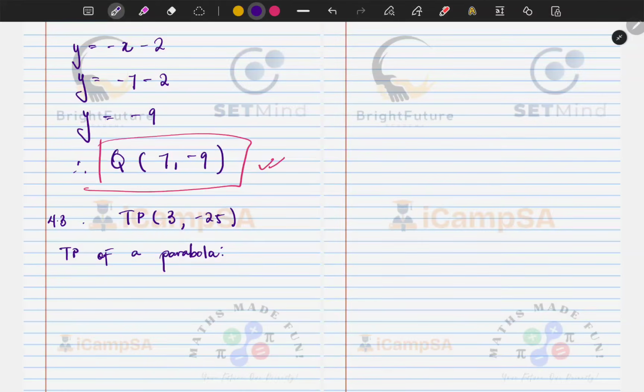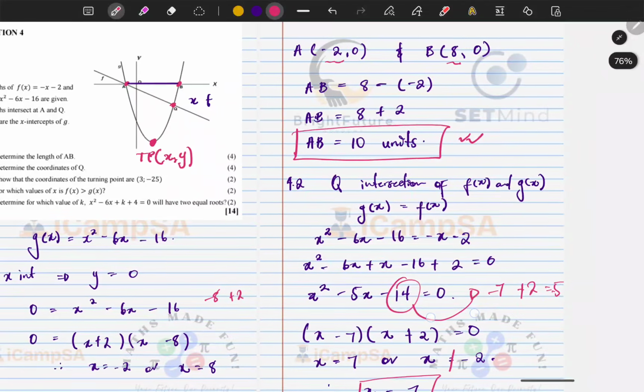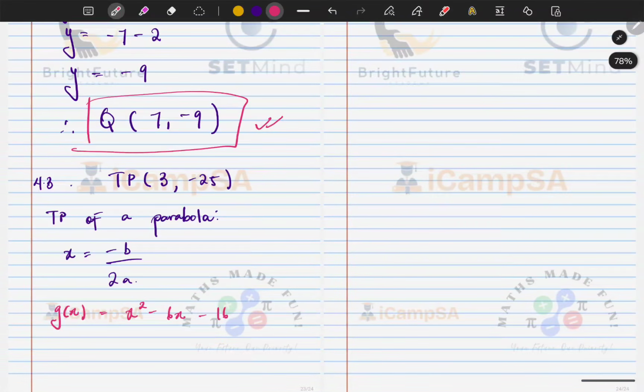Remember, we have a standard formula for the turning point of a parabola, which is given by x equals minus b over 2a. Our g of x is x squared minus 6x minus 16. In this case, we need the values of a and b.